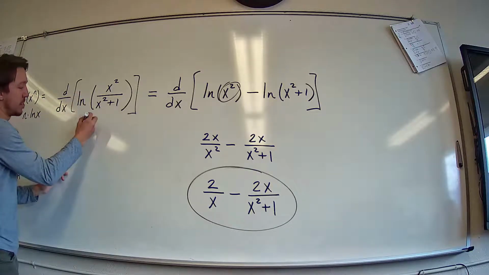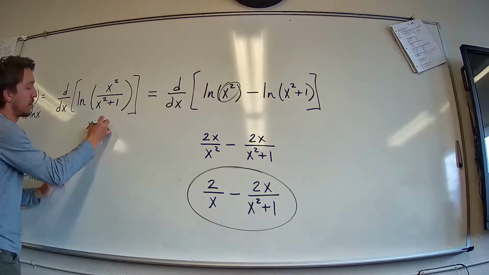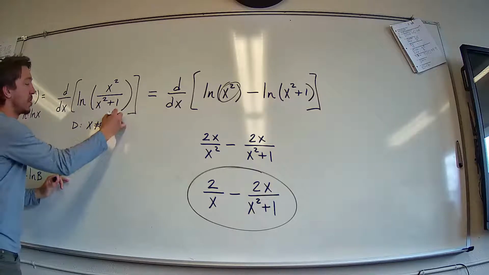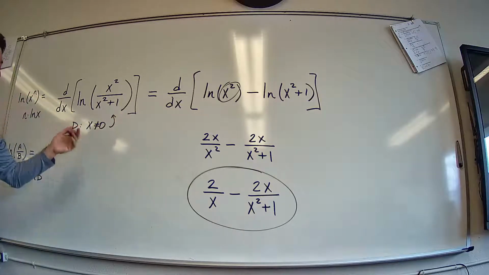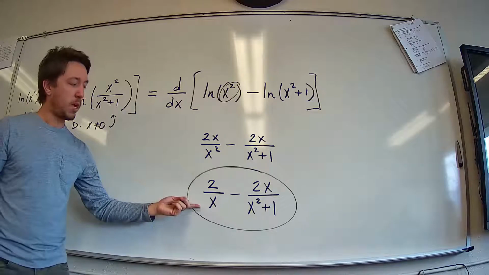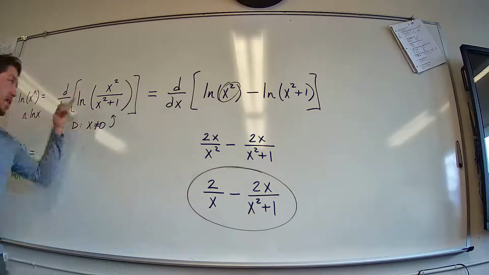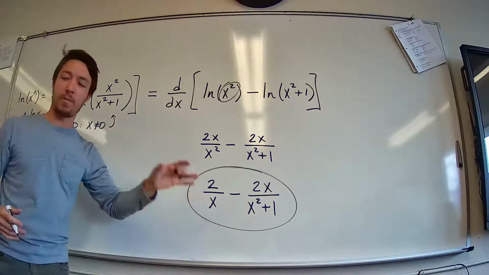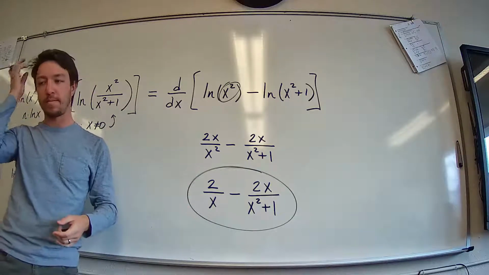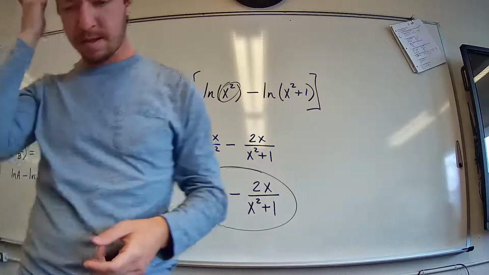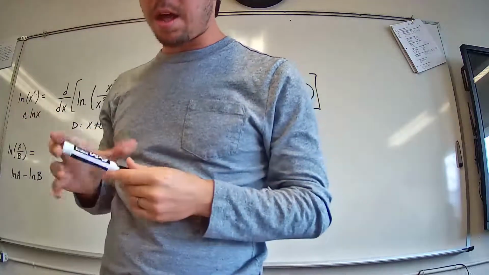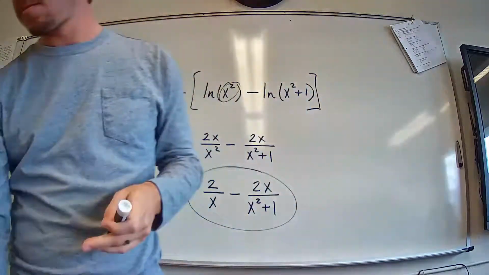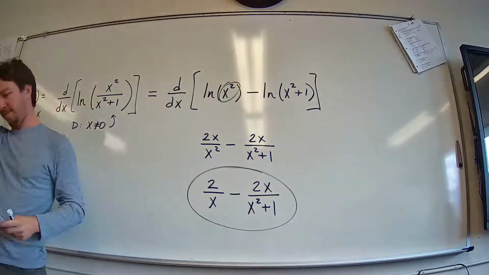The only thing x cannot be is 0. That would be the domain of this function. And does this agree with that? Yeah, same domain. X can't be 0, so it's kind of nice. In this particular case, this wouldn't require any kind of domain restriction to be the true derivative of the other guy. Oh, Mr. Hall. So why can't, kind of going back to the style we used for number 6.